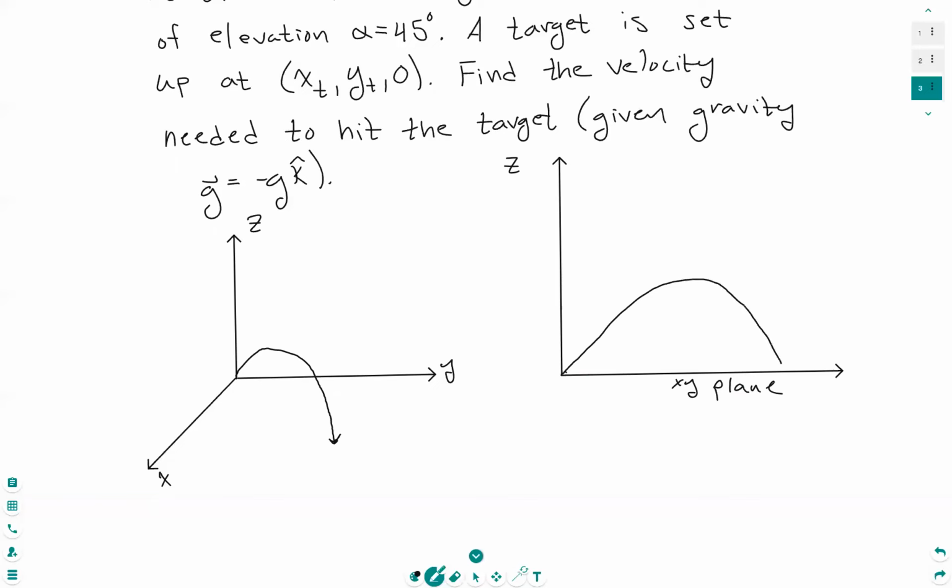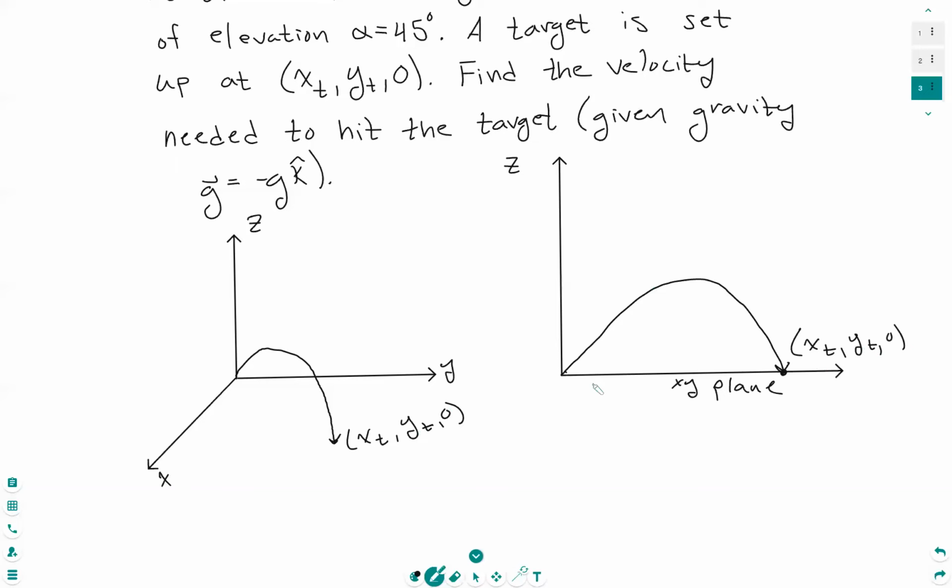And then our projectile comes up and is going to hit some target location. So this is xt, yt, 0. So that's also our point over here, xt, yt, 0.